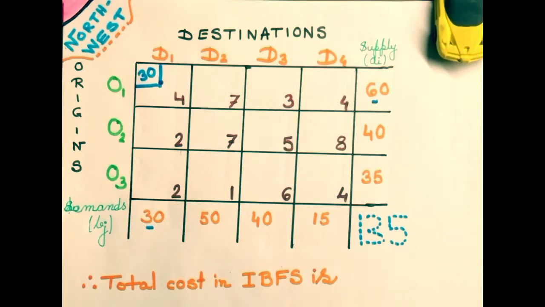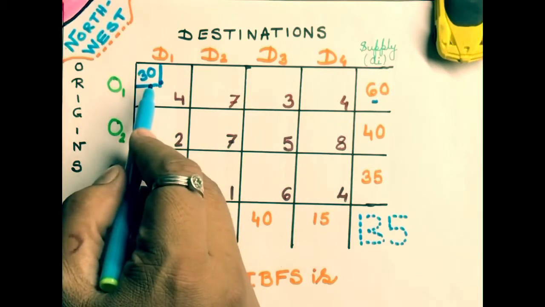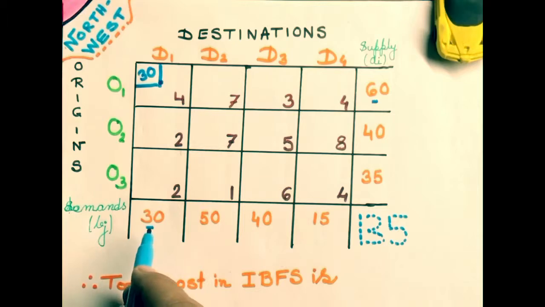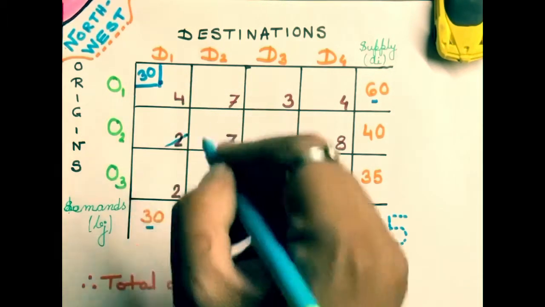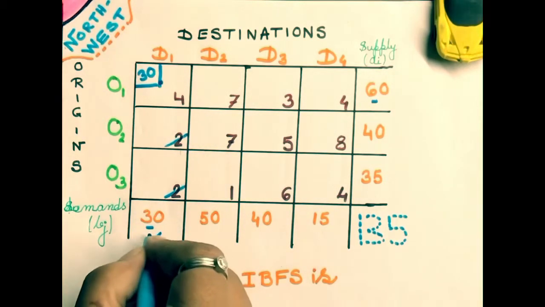Since we have fulfilled the demand of the first column, as 30 has already been allocated in that column to some origin, therefore we discard the other elements of that column. We can also put a cross mark here.